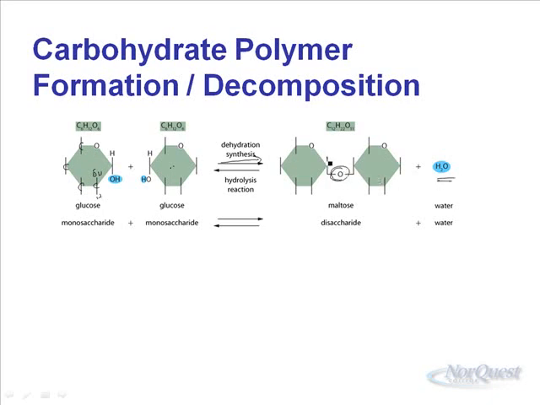So this is kind of the bridge between two single sugar units. And since there's an O and an OH over here, we can always add another sugar, and then another sugar, and then another sugar to make a polymer.